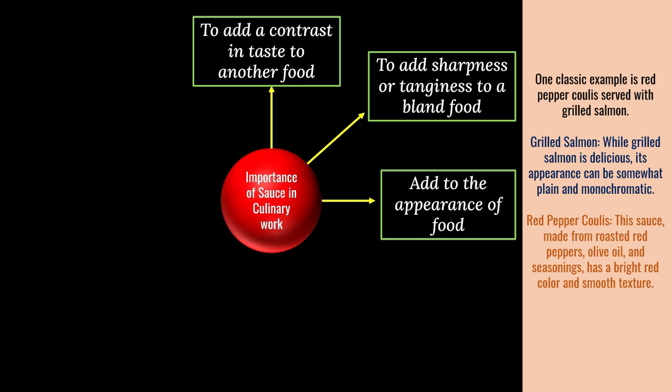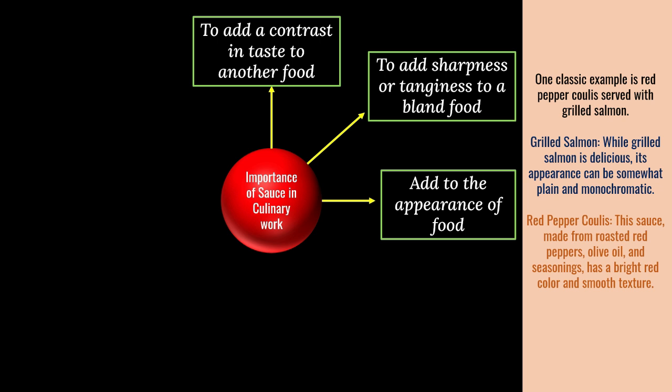Salmon is a kind of fish, coulis is a kind of contemporary sauce. While grilled salmon is delicious, its appearance can be somewhat plain and monochromatic. There is no combination of color, nothing, it is just a grilled salmon. To enhance or upgrade the appearance, red pepper coulis is served.